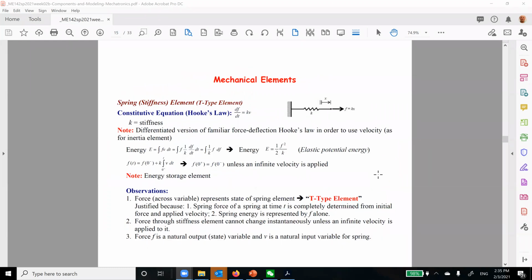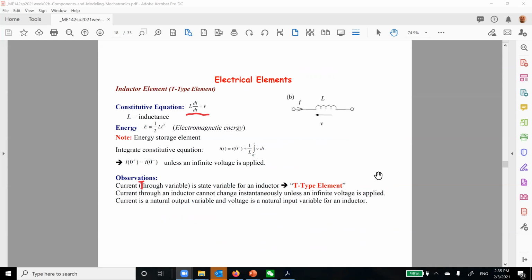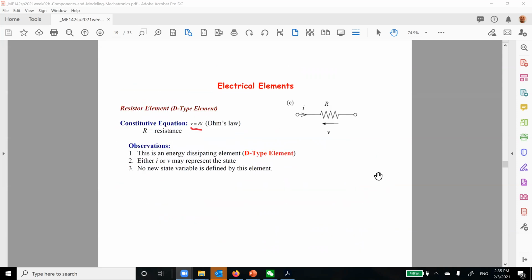Mechanical components: MSD, mass spring damper. And we talked about electrical elements, RLC. Actually we should say CLR, MSD.